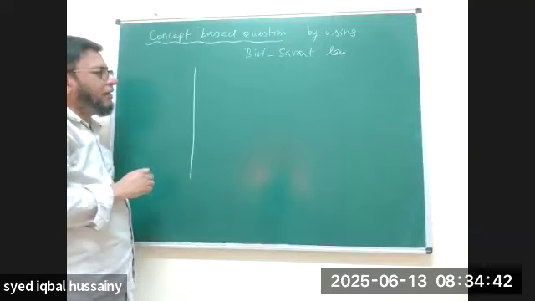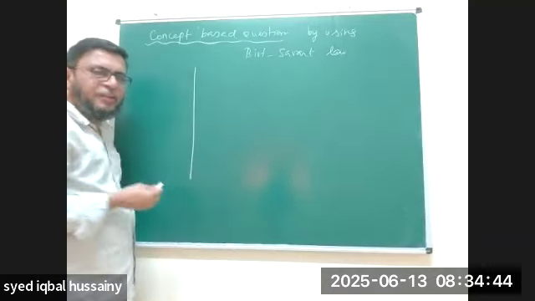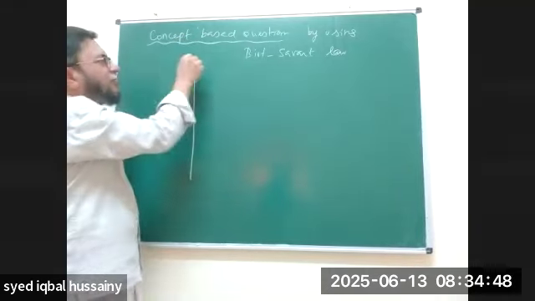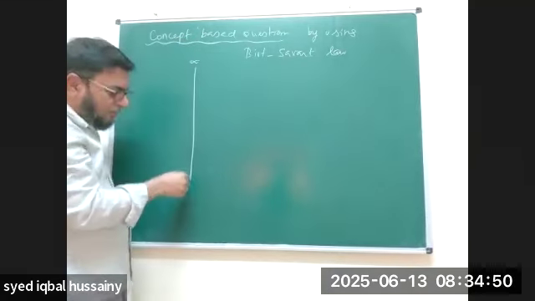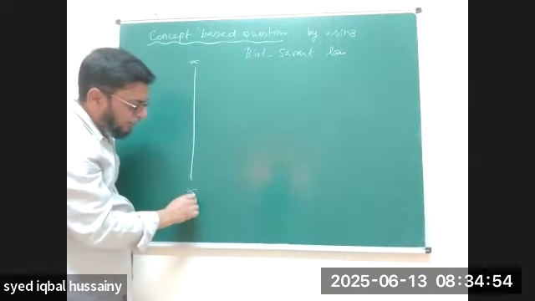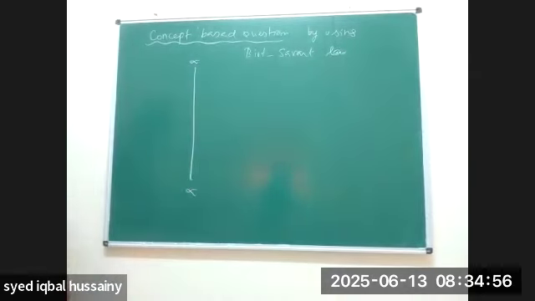What is the meaning of this? It means this end is going infinitely straight, and this end also is going infinitely. Put the infinity like this.